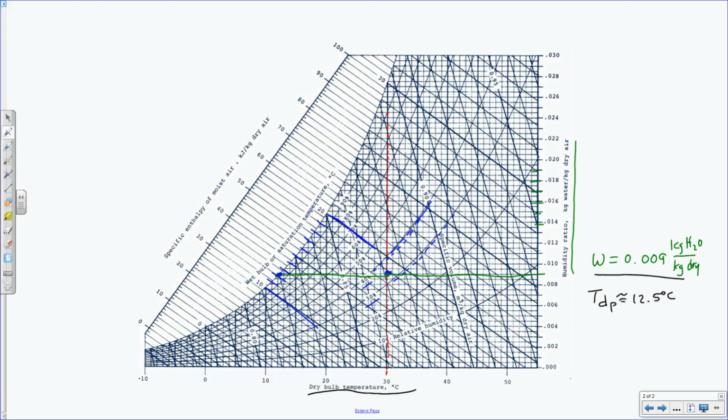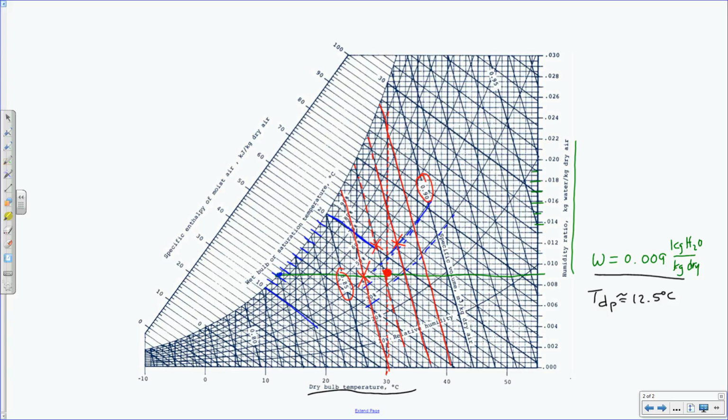But if we look here, our point is located along a couple of these constant specific volume lines. So if I trace a couple of them, we can see how they act. So we have 0.9, we have 0.85, 0.86, 0.87, 0.88.